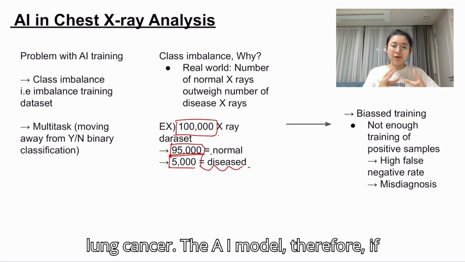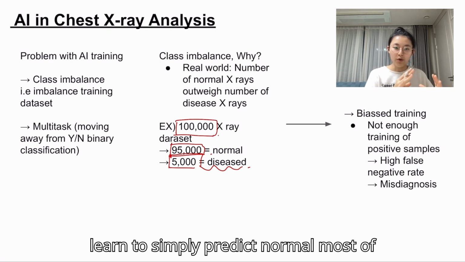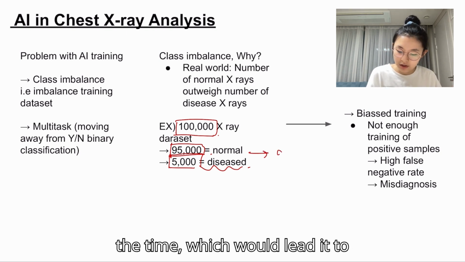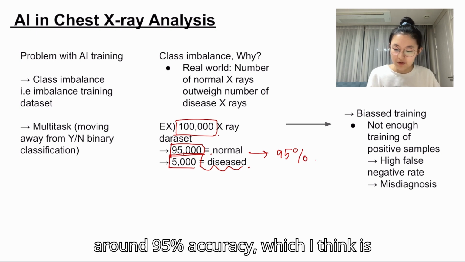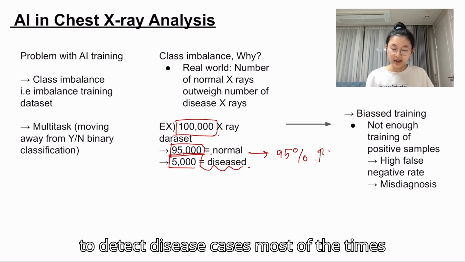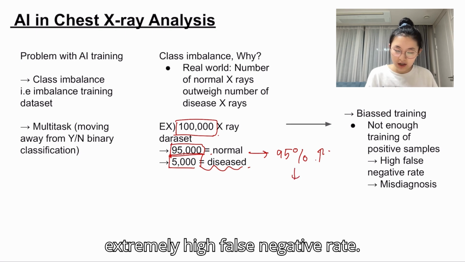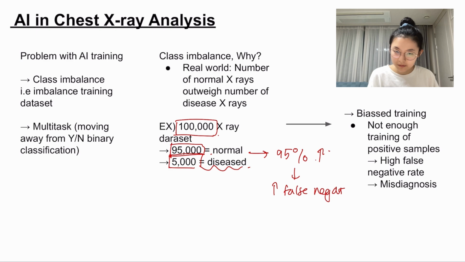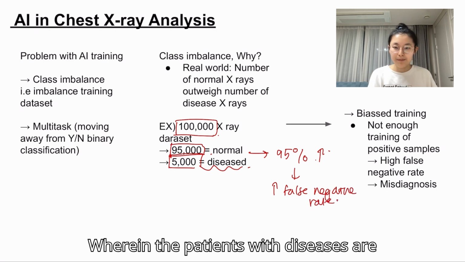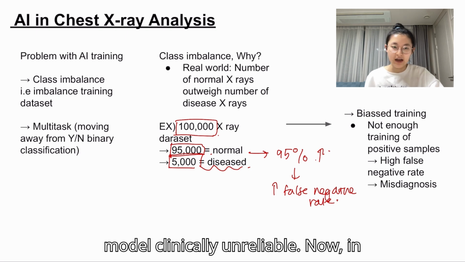The AI model, if trained without any adjustments, may learn to simply predict normal most of the time, which would lead it to achieve approximately 95% accuracy, which I think is pretty high, while also failing to accurately detect disease cases most of the time. Now, this results in an extremely high false negative rate, wherein the patients with diseases are missed by the model, which makes the model clinically unreliable.